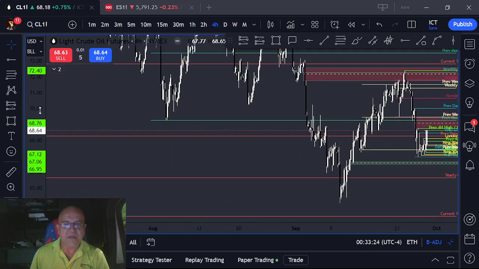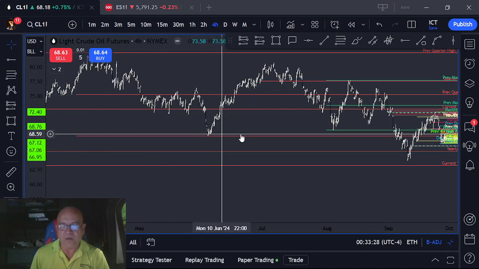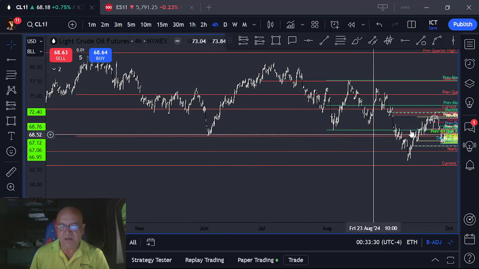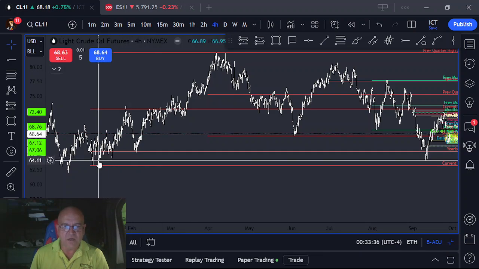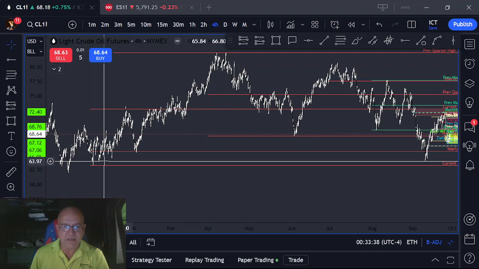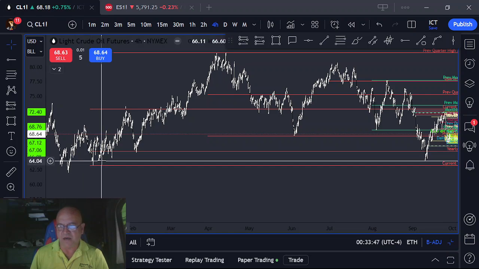If we zoom out a bit on the 4-hour chart, we've taken this low here, we've taken this low here, taken this low. We did not take this low, this low, or this low. Again, stacked liquidity in a small ranged area.